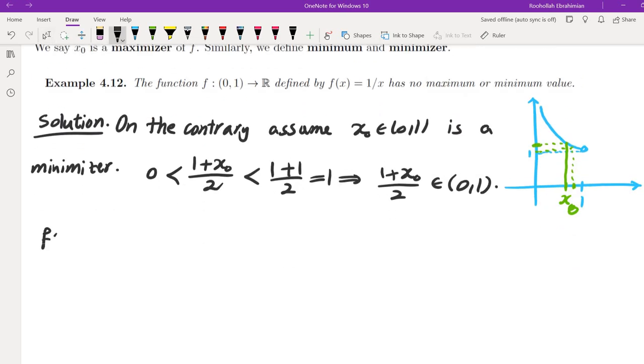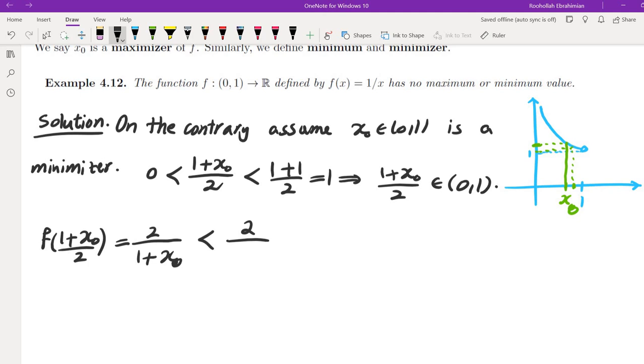Now if we look at f of this number, we get 2 over (1 plus x0). And we are going to argue that this quantity is less than f of x0. This is less than 2 over, and we are going to replace 1 with x0.